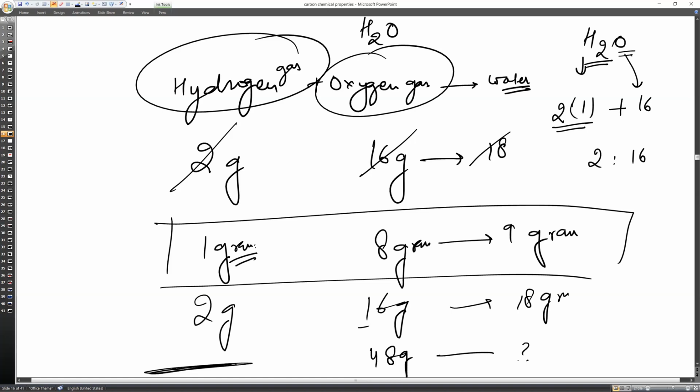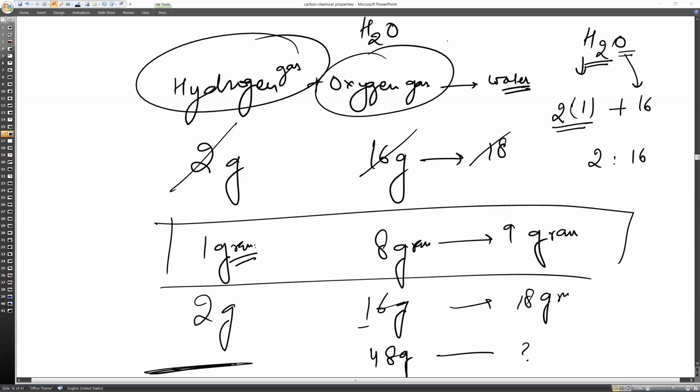Sir, yes, this is 5. Why is it 5? Don't take it like that, if we have 48 grams. So can you tell me this one?